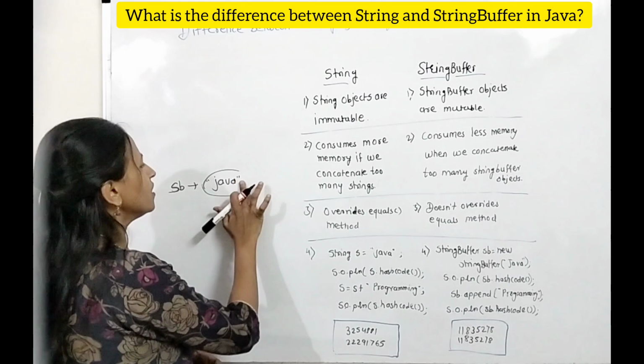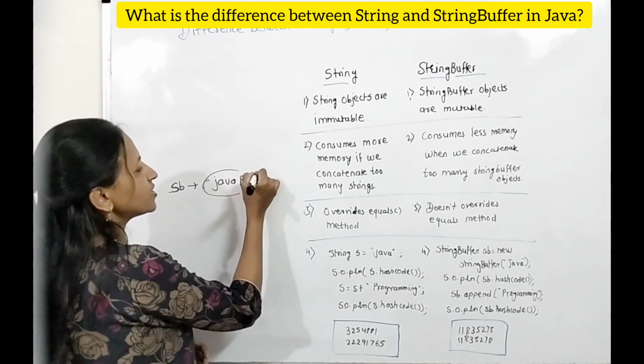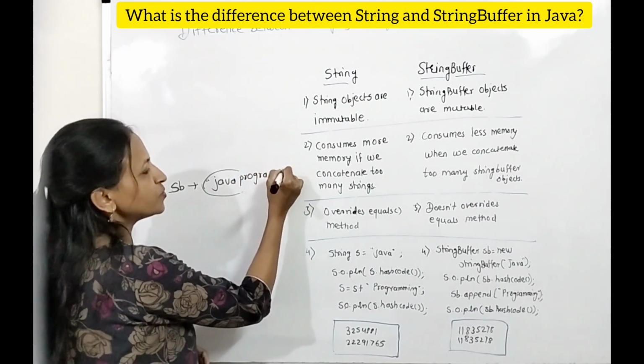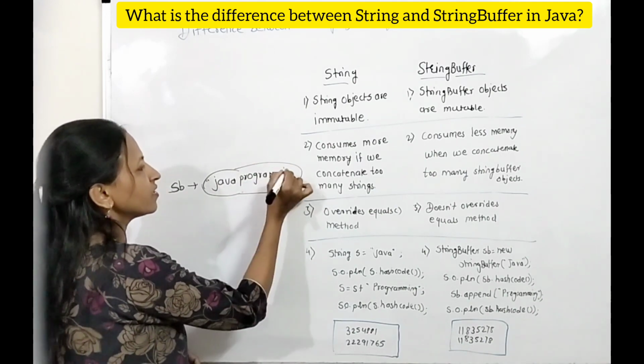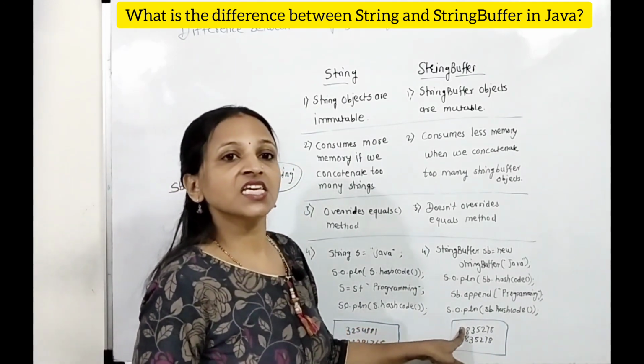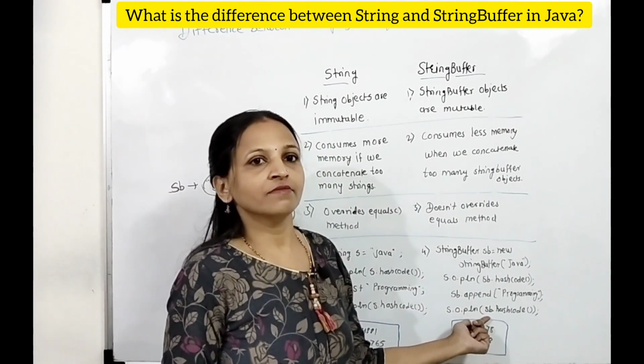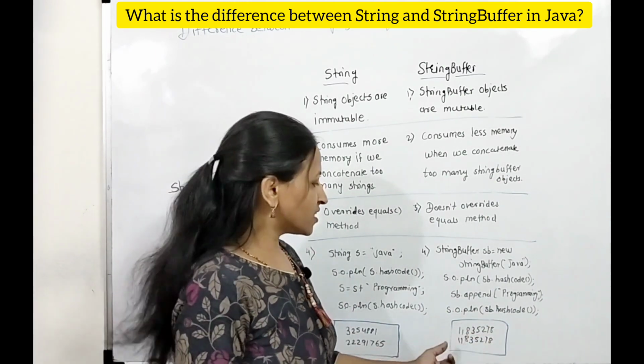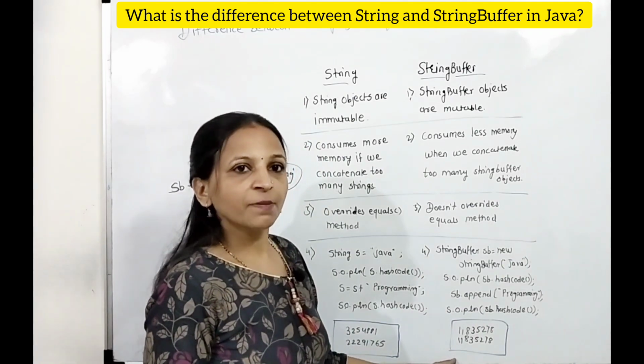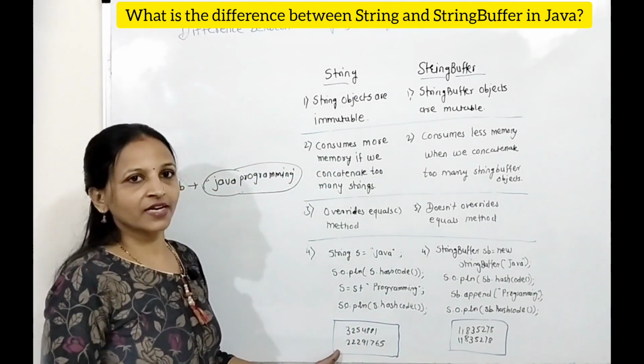Programming will be attached to the same object. A new object will not be created here. That's why I will get the same hash code when I display it the second time after appending the contents. In this case I will get the same hash code, and in the String case I will get a different hash code.